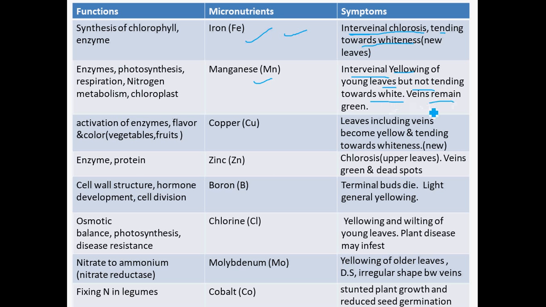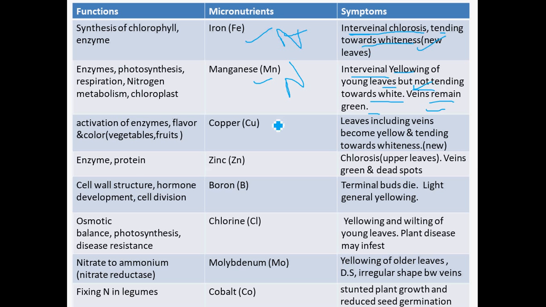Veins remain green, and it affects new leaves; iron also affects new leaves, with interveinal chlorosis tending towards whiteness, but manganese doesn't tend toward white.